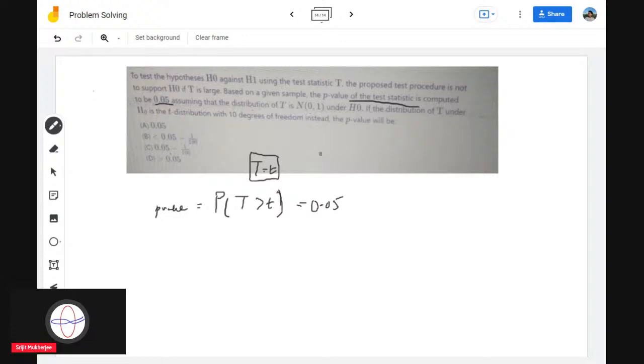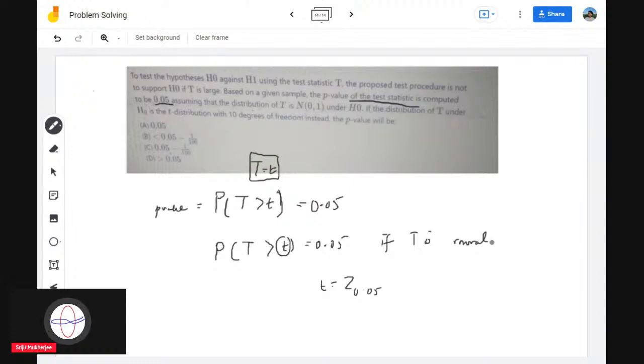Assuming the distribution of t is normal, it's calculated to be this. But they're saying the distribution is under H naught. So if t is normal, then t is what? z 0.005.